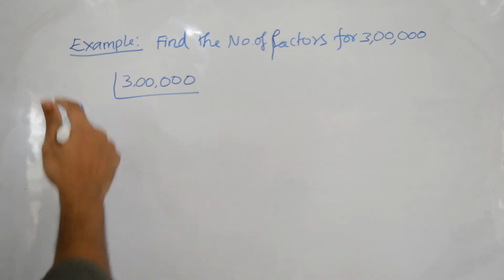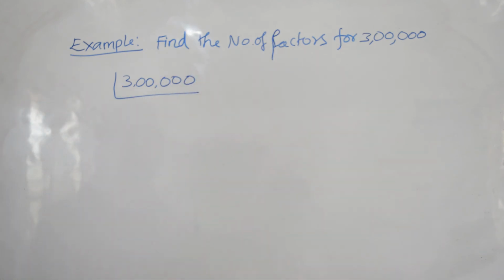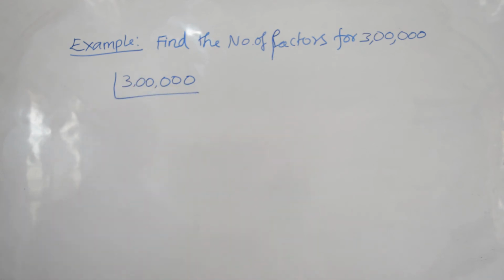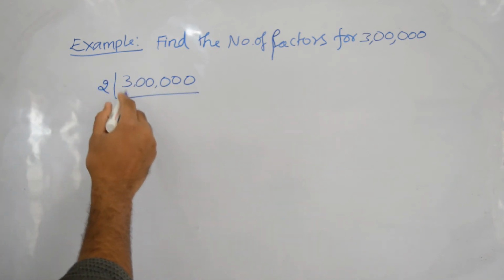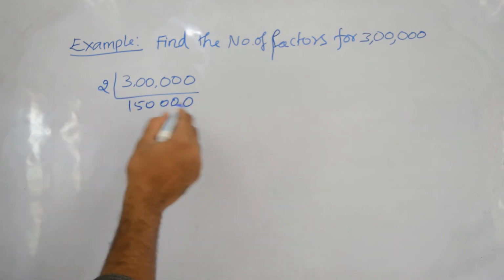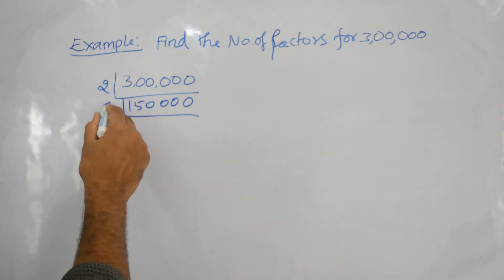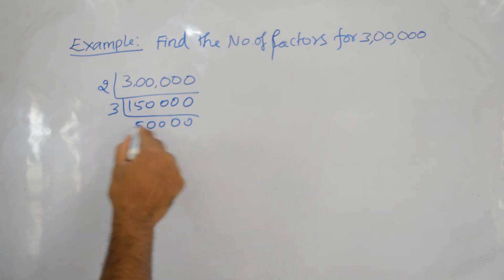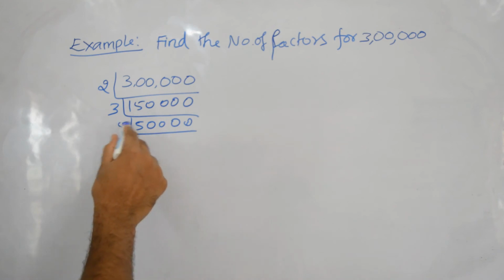Let us take another example. Find the number of factors for 3 lakh. Here we write down 3 lakh and express it in the form of prime numbers. We divide by 2 and get the quotient, then divide by 3, and then by 5.